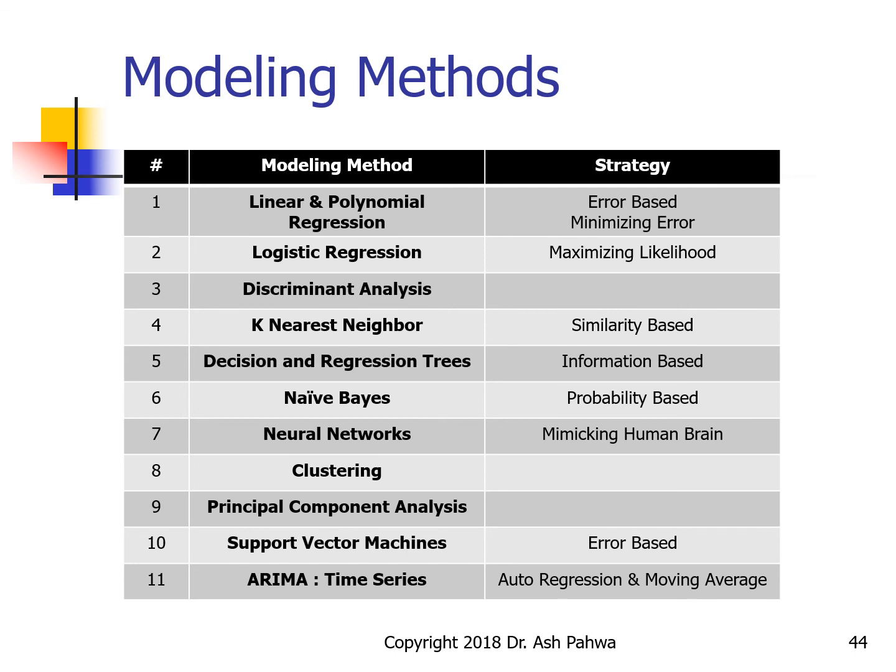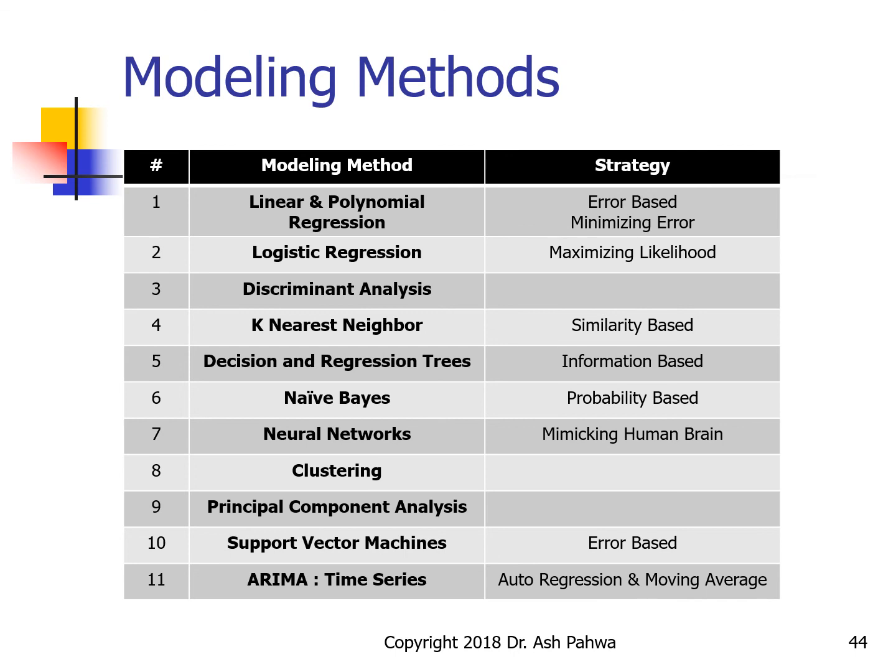Now let us look into all the 11 models that we talked about, and what kind of strategy they use. For linear and polynomial regression, it is error based, so we are trying to minimize the error. Whereas in logistic regression, we are trying to maximize the likelihood. We don't minimize the error there, but we maximize the likelihood. For k nearest neighbor, of course, we use similarity. Decision and regression trees are based on information.